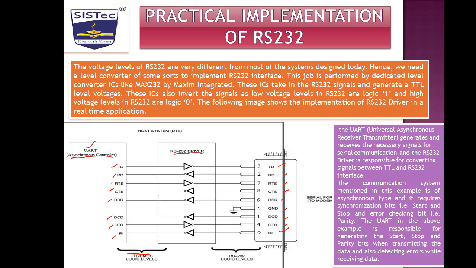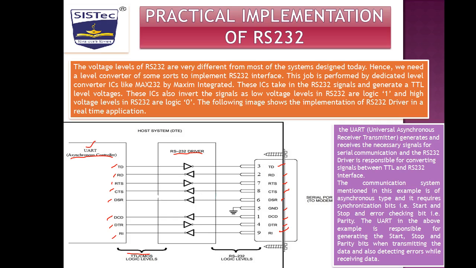In this example we use the asynchronous type, and if you use asynchronous data transmission, then we use synchronization bits like the start bit, stop bit, and sometimes an error checking bit, that is parity. The UART in the above example is responsible for generating the start, stop and parity bits when transmitting data, and also for detecting errors, generally single bit errors, while receiving data.